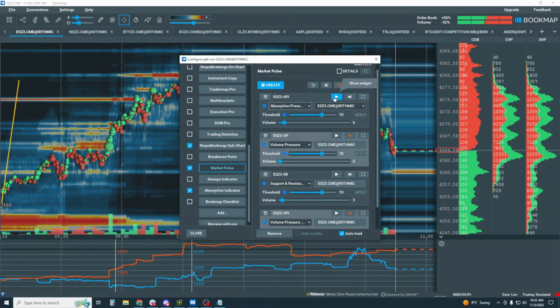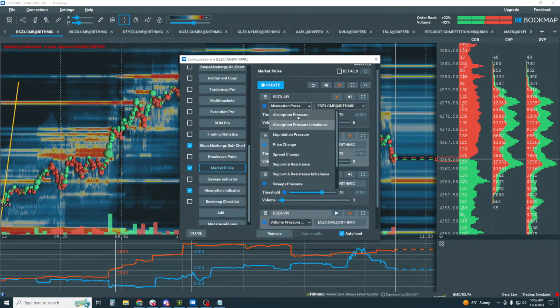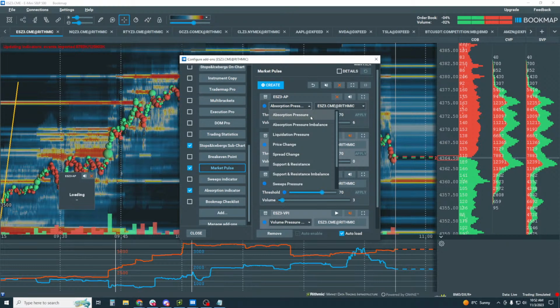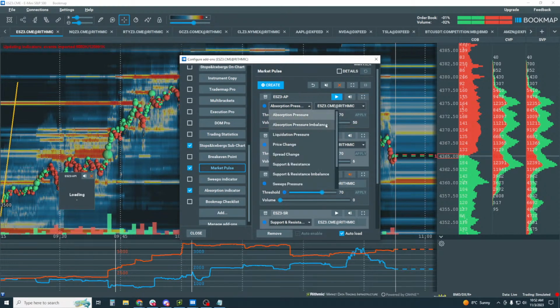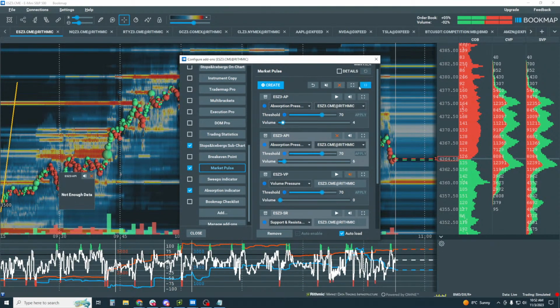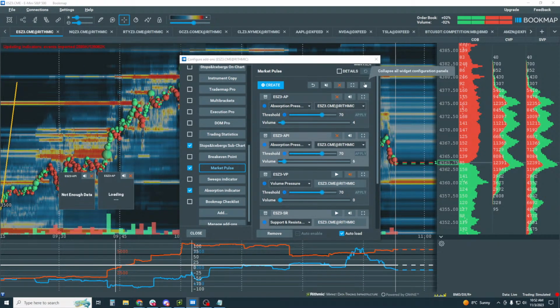Okay, so it looks good. Let's press play. Okay, this one's actually absorption pressure imbalance. We can also look at absorption pressure. Oops. Shoot, I always do this. I've got to create a new one, and absorption pressure. All right, so let's cover this one here.